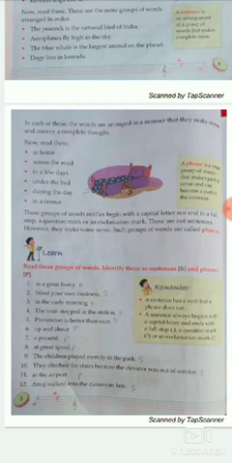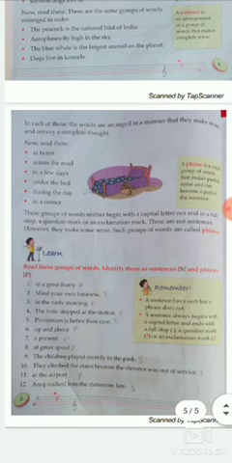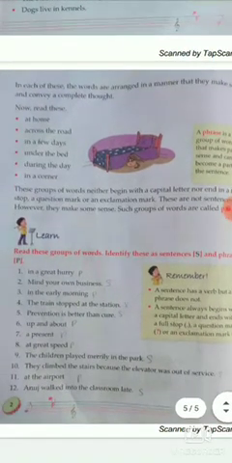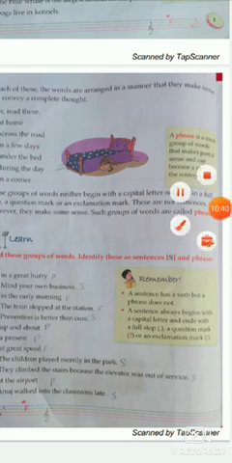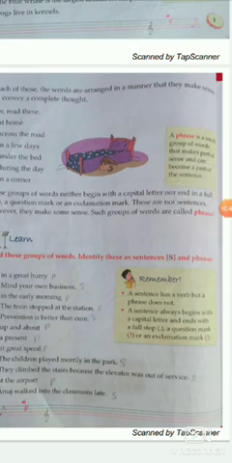Okay. So students, now let's see what a phrase is. A phrase is a small group of words that makes partial sense and can become a part of the sentence. In other words, we can say that a phrase is a small group of words that adds meaning to a sentence.